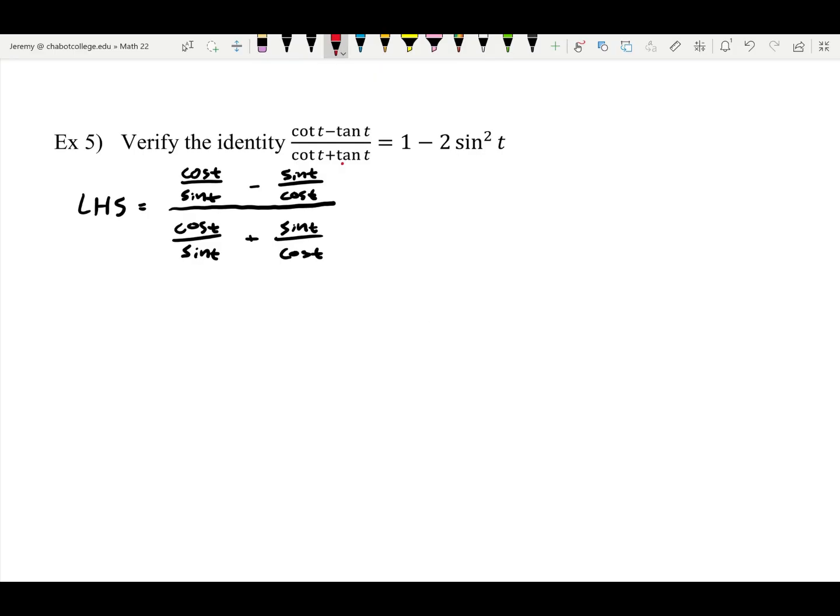So here's what I'll have to do. I'll have to multiply this one by sine t over sine t, and this fraction will get multiplied by cosine t over cosine t. All right, and same kind of thing is going to happen in the denominator.